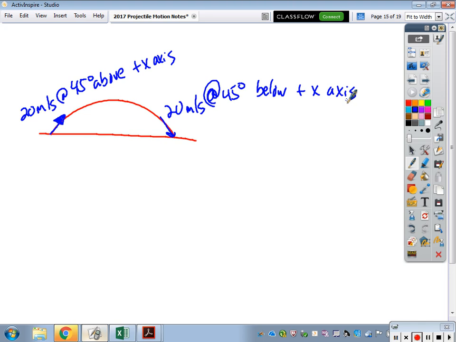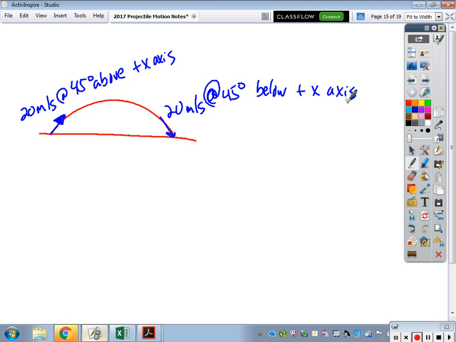The directional piece changes because it's up here and then down here, but that's it. We don't put negative because we said at 45 degrees below. Negative can only be assessed along one axis. If we have two-dimensional motion, you cannot assess a two-dimensional speed or velocity as either positive or negative.